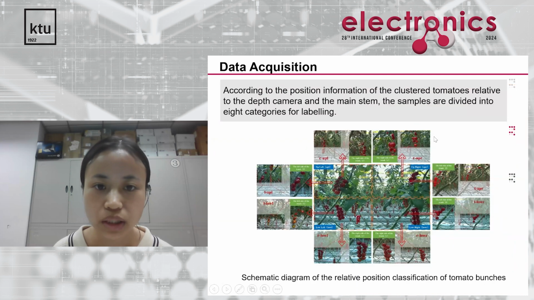According to the position information of the cluster tomatoes relative to the depth camera and the main stem, the samples are divided into 8 categories for labeling. The schematic diagram of the relative position classification of the tomato batches is shown in the figure.